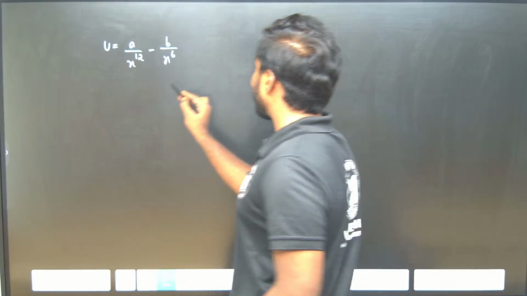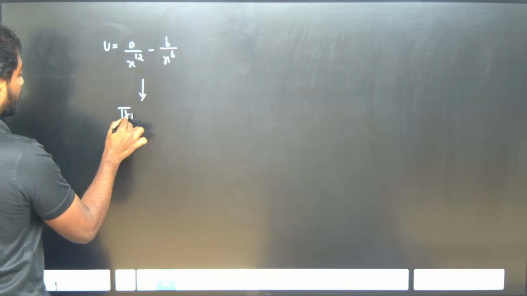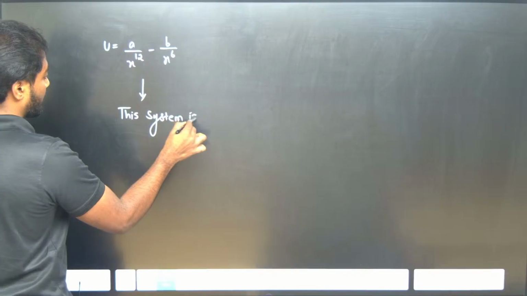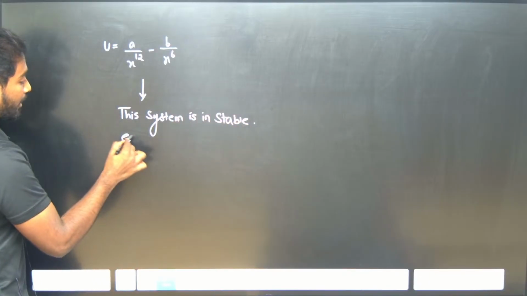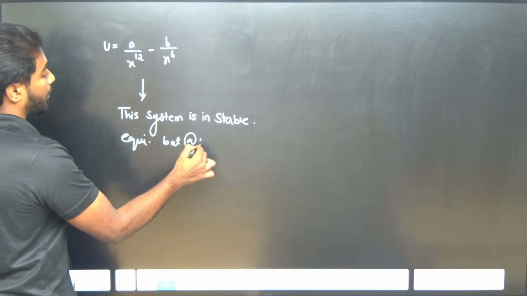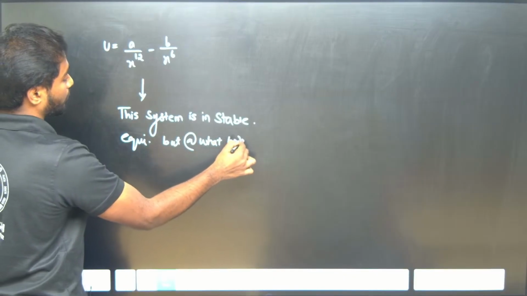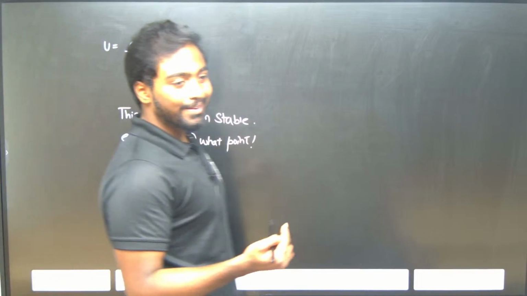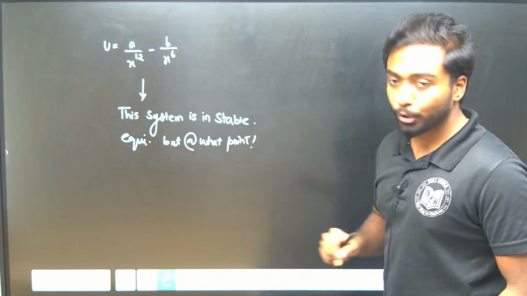Okay, they are saying that this system is in stable equilibrium, but at what point? This is the question. So what should I do now? First I need to get the differentiation of that, because they have given the potential.